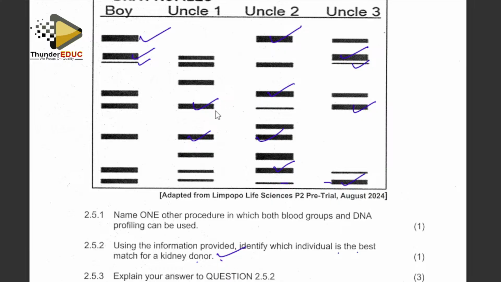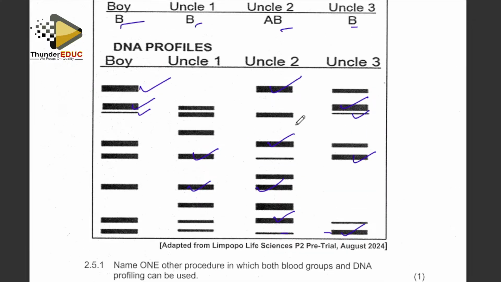Let's do again. This, you are supposed to use a ruler. I don't have a ruler here on the screen. This, it matches. Okay, correct. Okay, this, let me see. I see it's matching. What about this? I see it's matching. Then this, does it match?